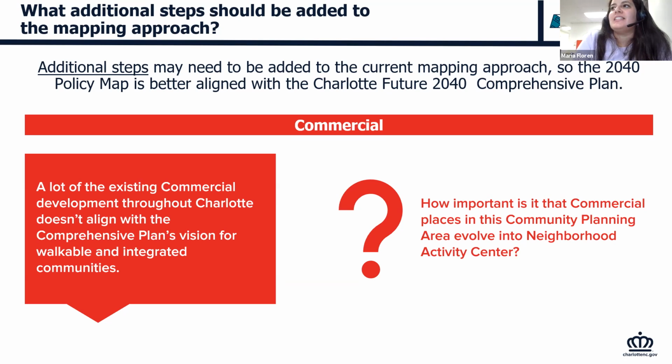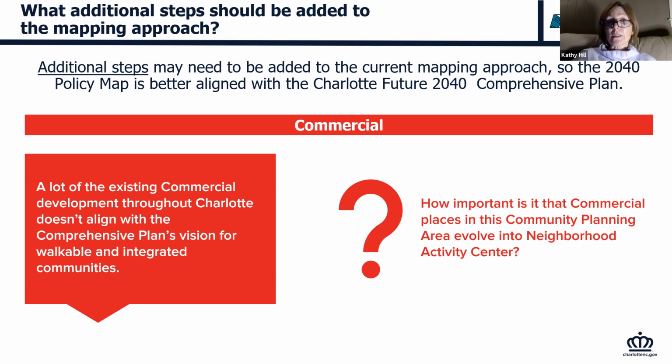So the commercial place types are going to be, again, retail, office areas, and services, but more auto oriented. The neighborhood activity centers or commercial activity centers will be more like pedestrian, bike, more neighborhood level rather than auto oriented.